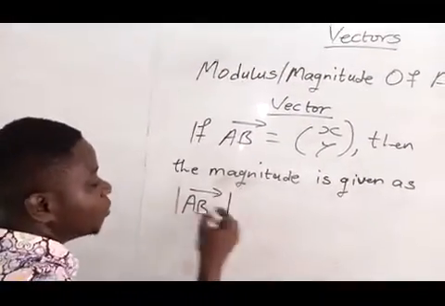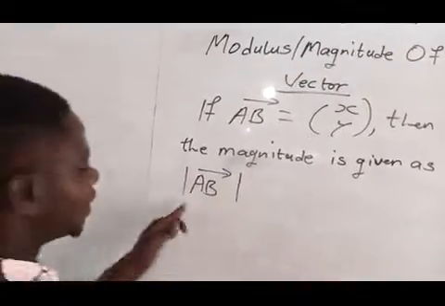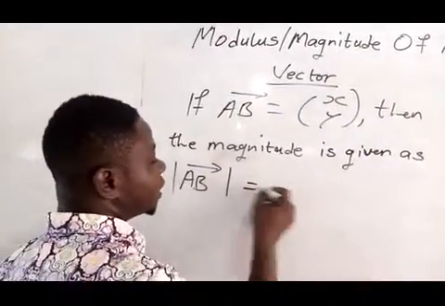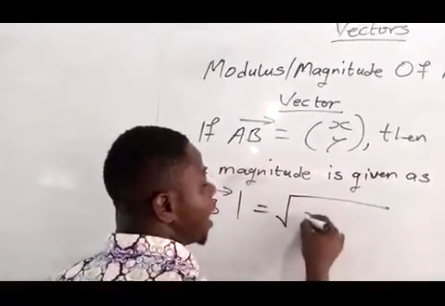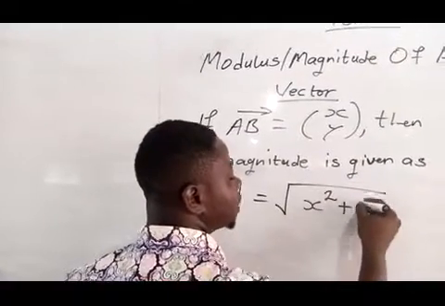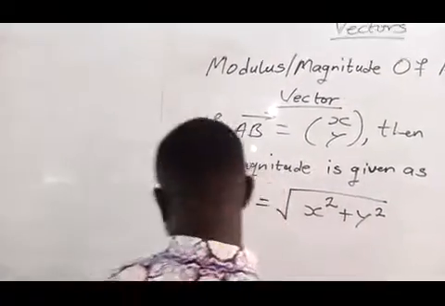So the length or the magnitude is represented by this, and this is equal to the square root of x squared plus y squared.